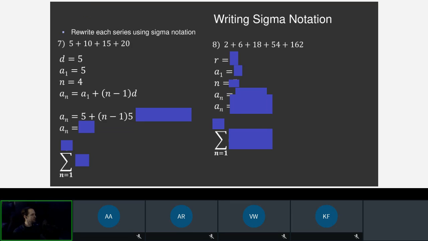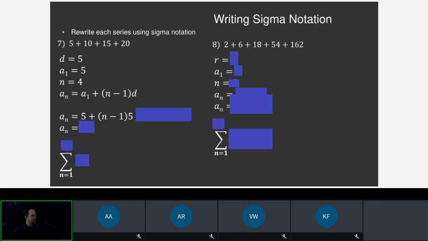That's to find the nth term, right? So hold off on finding n. Sorry, don't plug in n yet. We have to derive the actual formula before applying it to the sigma. So we plug in your first term, we plug in your common difference. Do not plug in n yet, because all that's going to do is give you the nth term. You plug in 4 right here, you get 20 for the answer.